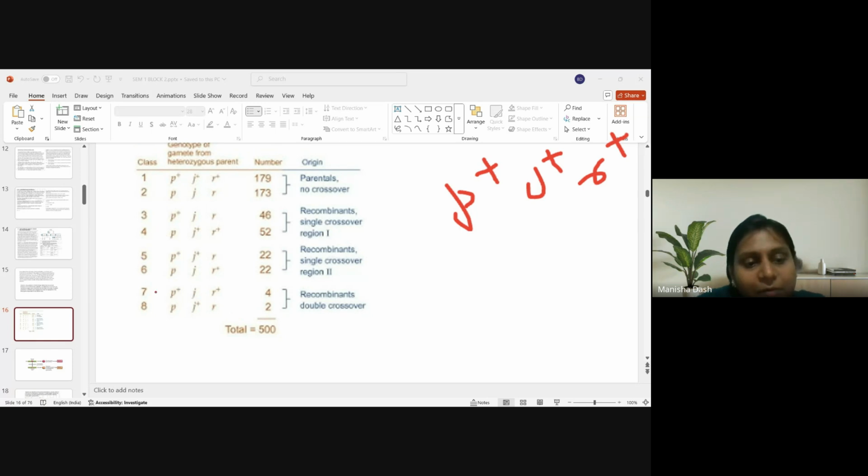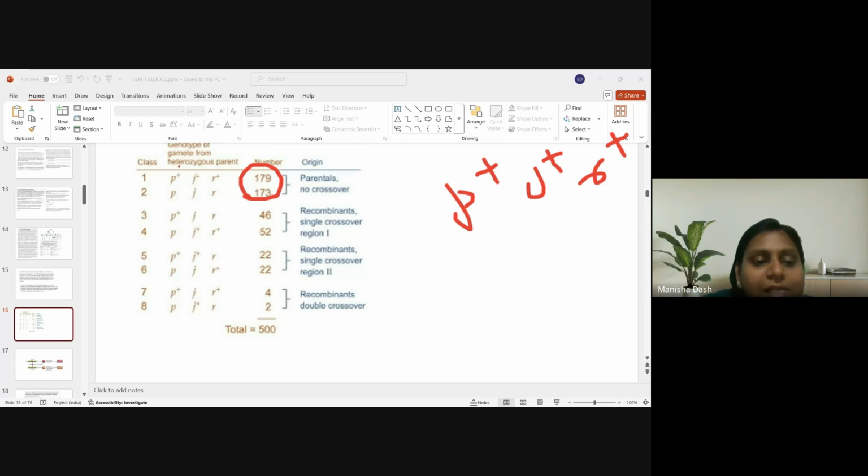In any kind of problem like this, the highest number will always represent the parental genotype, because when gametogenesis occurs, even if recombination does not occur, gametogenesis will still take place. So most of the gametes will have the normal parental combination.